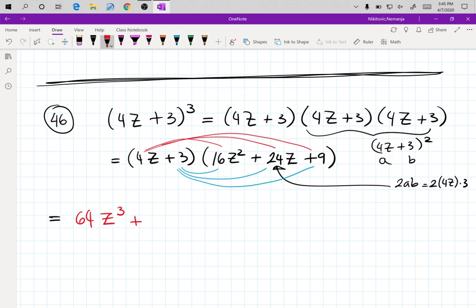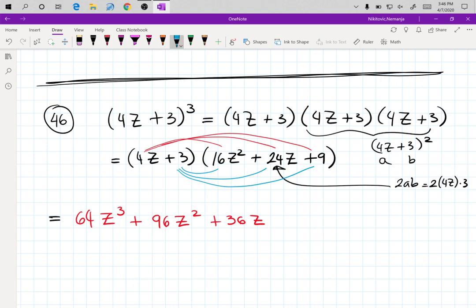Plus 24 times 4, that's 96z squared. 9 times 4 is 36, so plus 36z. So that's our first 4z multiplied into each one inside the parentheses.